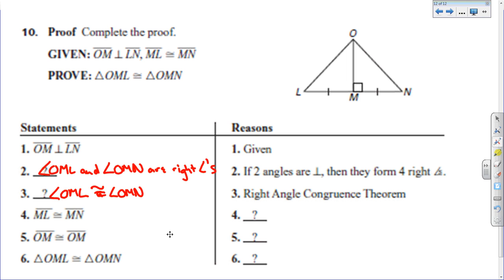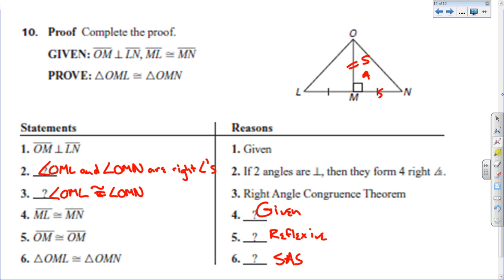This gives a right angle congruence theorem. All right angles are congruent. ML is congruent to MN. That's given to you. OM is congruent to itself. That's reflexive. Now I have a side, an angle, and a side.